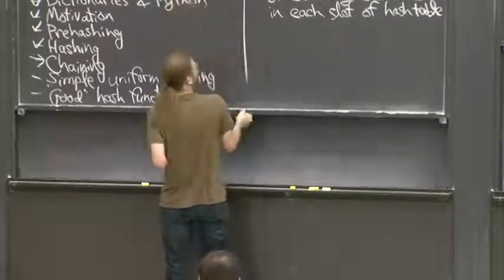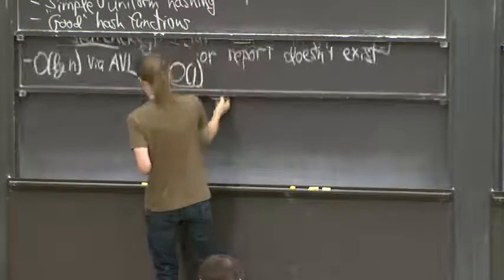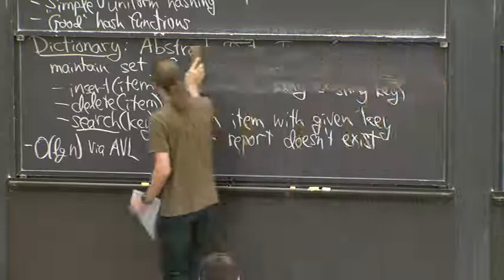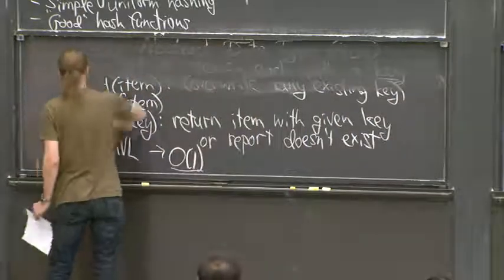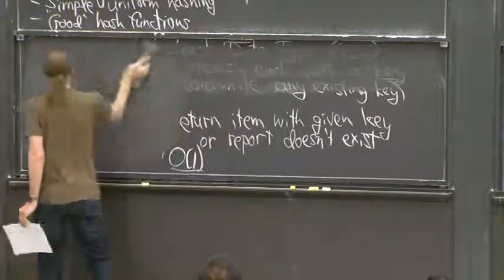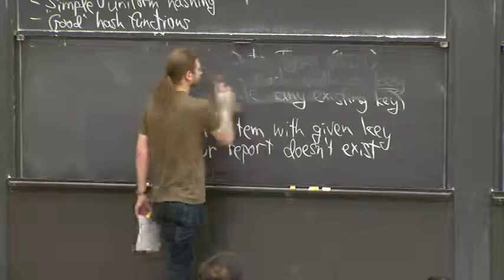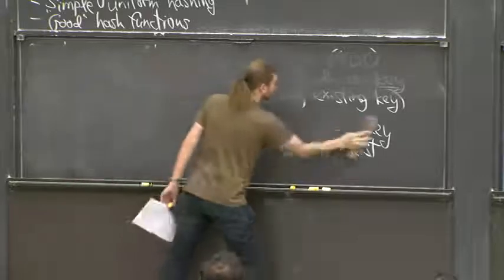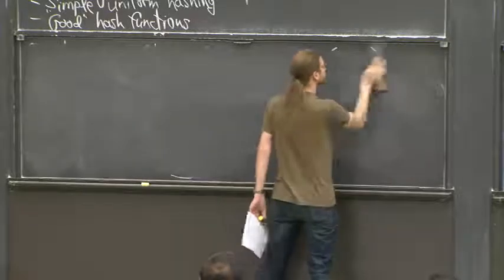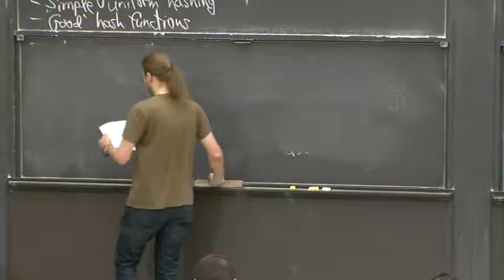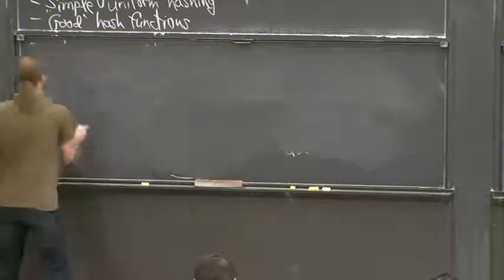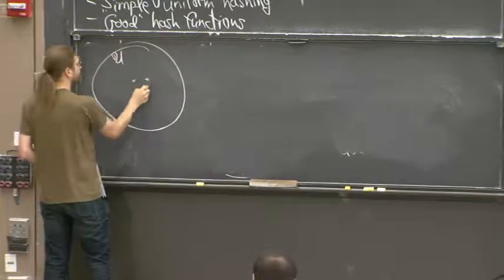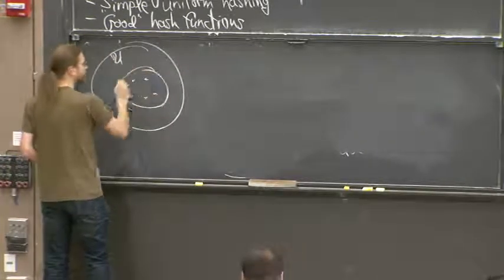I need a big picture here. So we have our nice universe, various keys that we actually have present.